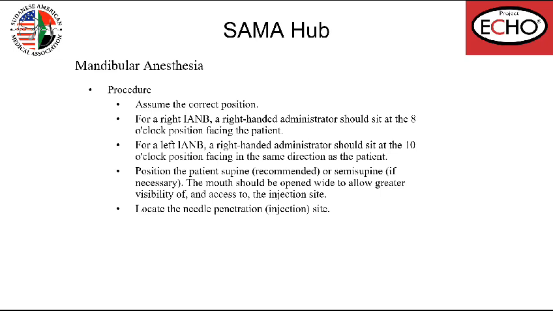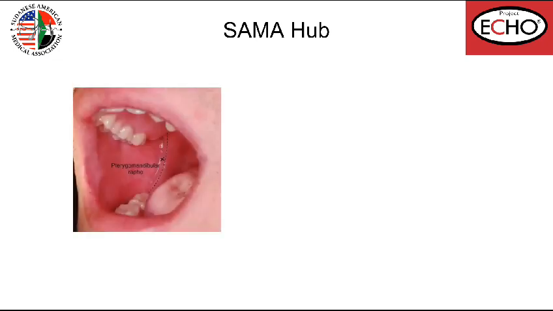Locate the needle penetration site. So the black dotted line is the pterygomandibular raphe, and also with your thumb you will feel the concavity or the depression, which is the coronoid notch.